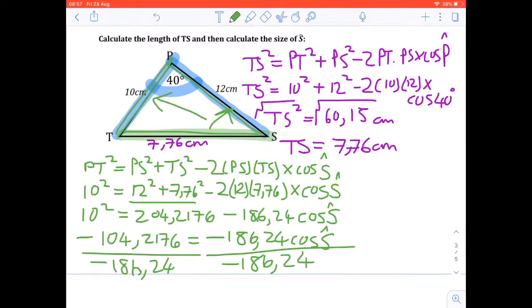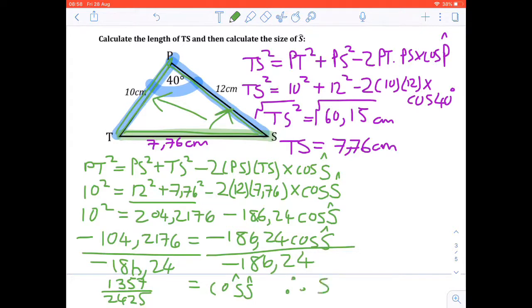So that would equal 1357 over 2425 equals cos S. Okay, now we can put this into our calculator using shift cos, and we put that fraction into the bracket.